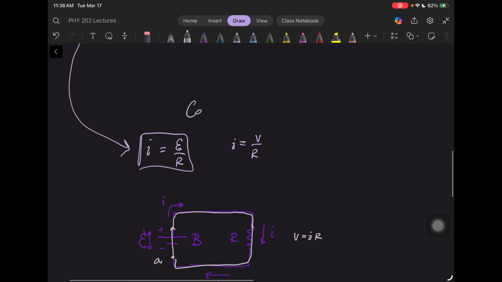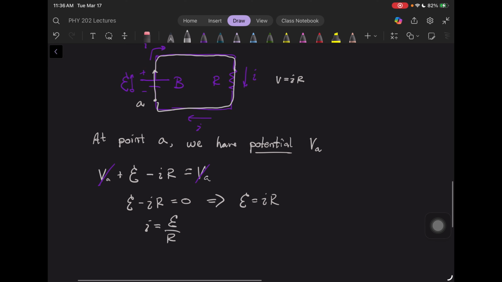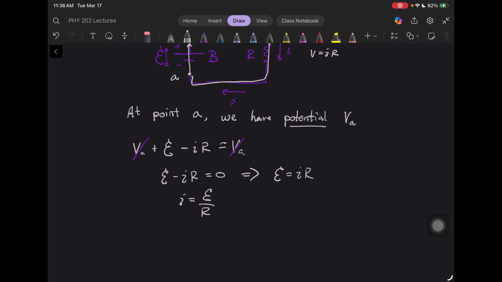We got there through conservation of energy. This argument here is conservation of energy. And here we did an arguably much simpler line of reasoning, which is just following the potential. However you prefer to think about it is perfectly okay. I think this method's a bit more elegant.